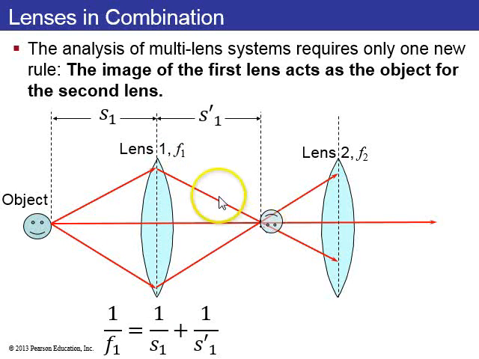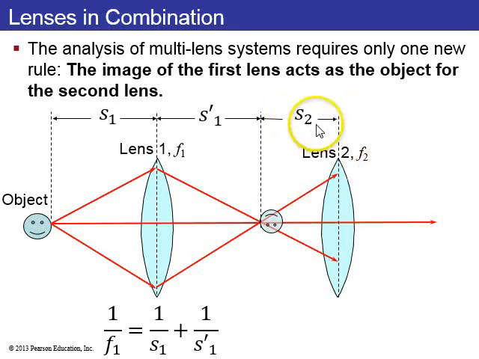And so an image forms here. And that means that these rays are focused to this real image. But if there's no viewing screen there, then those rays will start to diverge again. And so now this image can be treated as an object for lens 2.